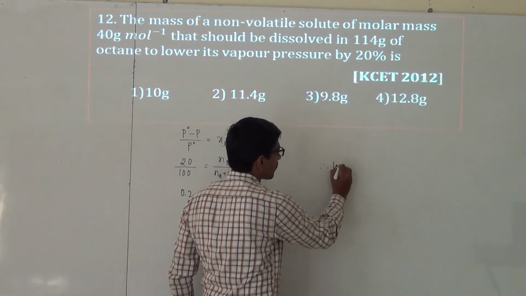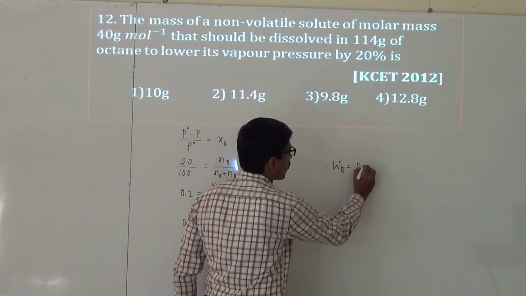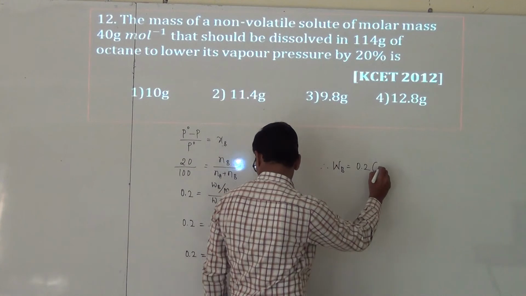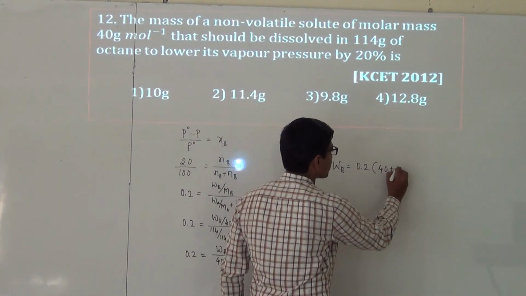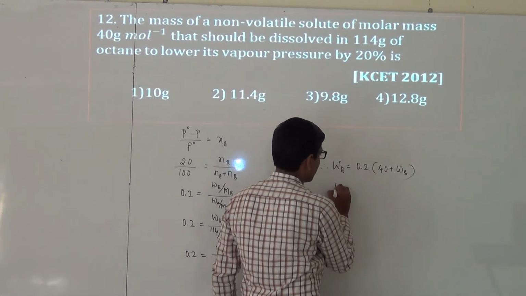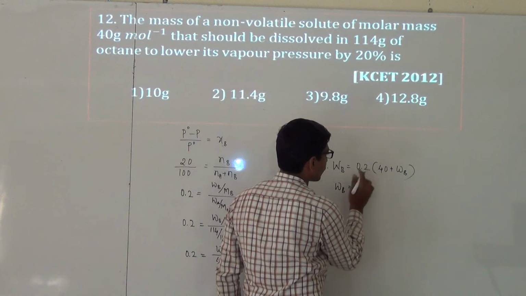Therefore, WB is equal to 0.2 into (40 plus WB).